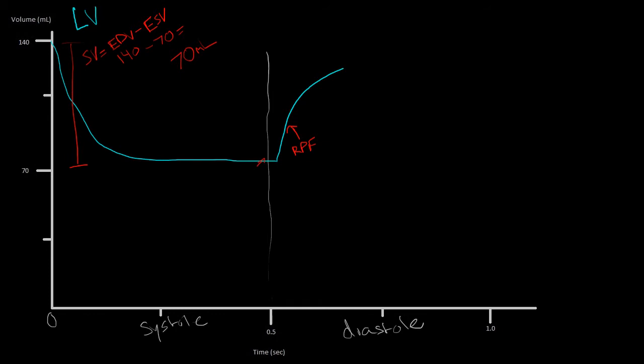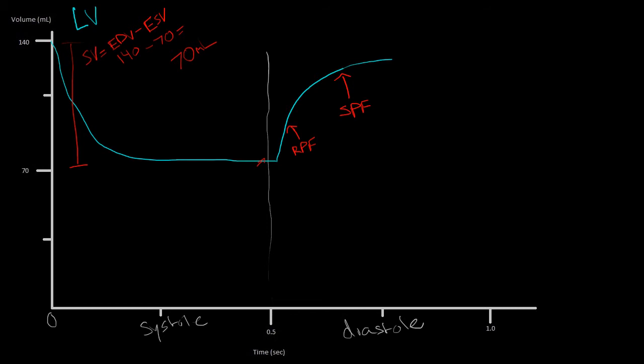As it fills a little bit, it's going to slow down, and we're going to get a section of this ventricular filling that we call slow passive filling. And so the same principle applies. It's still passive. The atria has still not contracted, but it's just filling at a little slower rate.